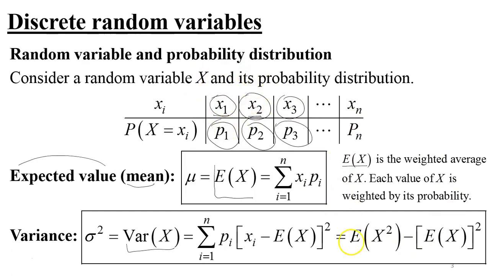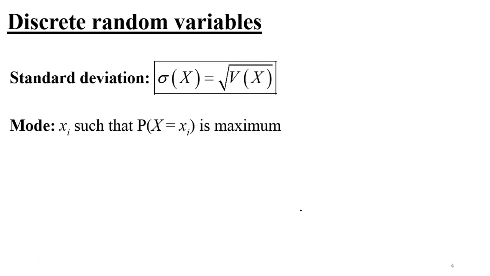For the first, this is the sum of xi squared times the corresponding probability of each value, minus the square of the expectation you determined, which is the sum of xi times its corresponding probability, all squared. The variance could be determined using either of these formulas. And of course, the standard deviation is the square root of the variance.